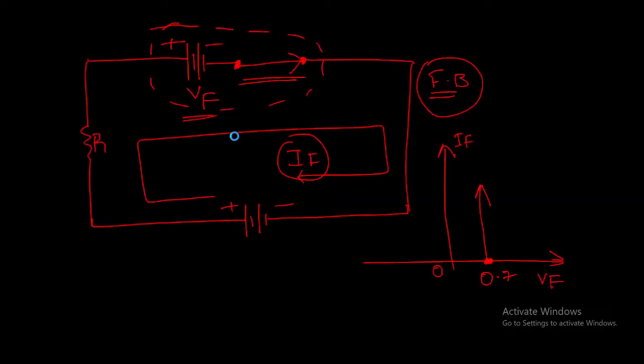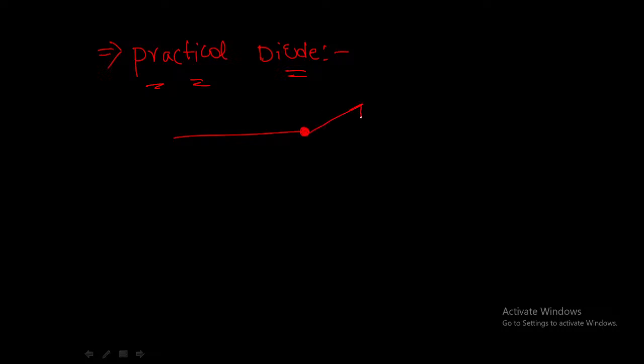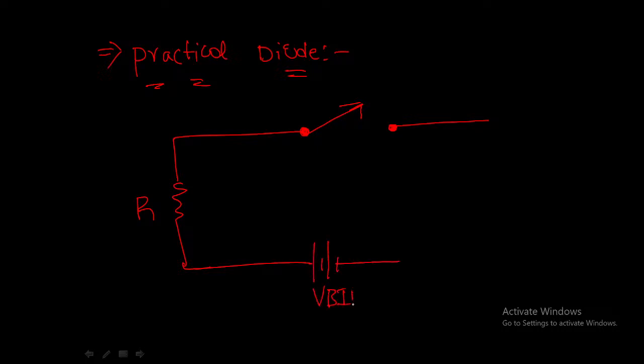So in reverse bias condition, the practical model of the diode remains the same as the ideal diode model. The practical diode model will look like this, the same as the ideal diode model. So it will look like an open switch with an external resistance R and a bias voltage V bias, positive and negative.